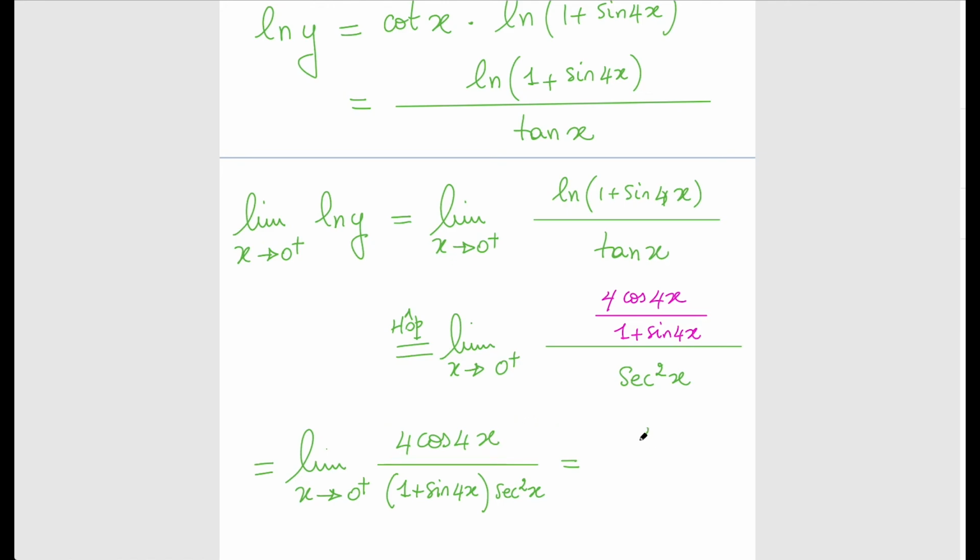And downstairs, since sine 4x goes to 0 as x goes to 0, 1 plus sine 4x is going to go to 1. And secant x as x goes to 0 also goes to 1. So 1 times 1 is 1. Hence, the limit of ln of y as x approaches 0 from the right is equal to 4.